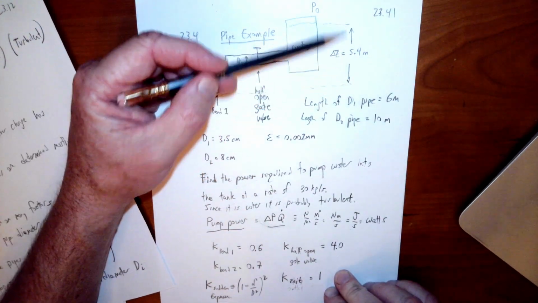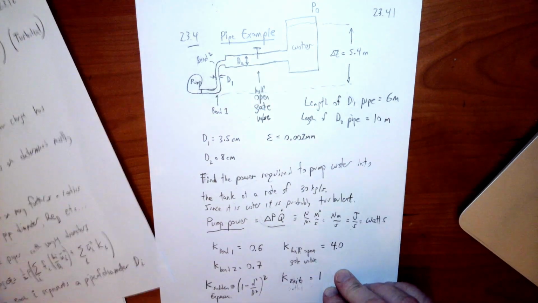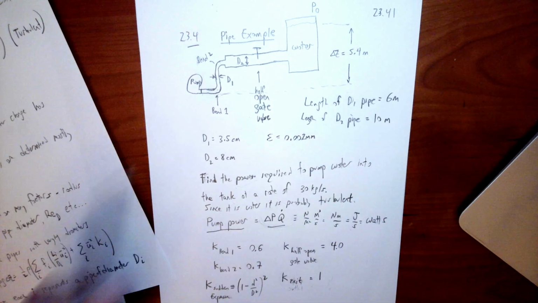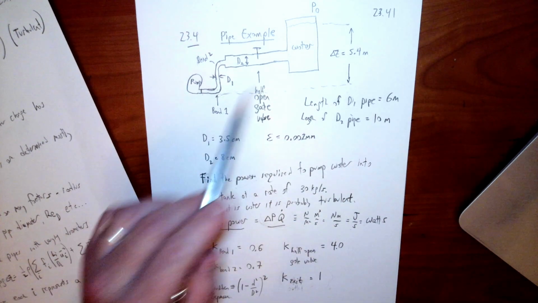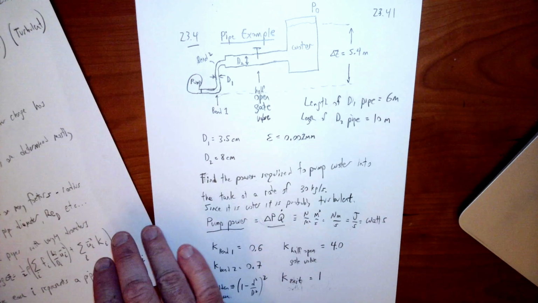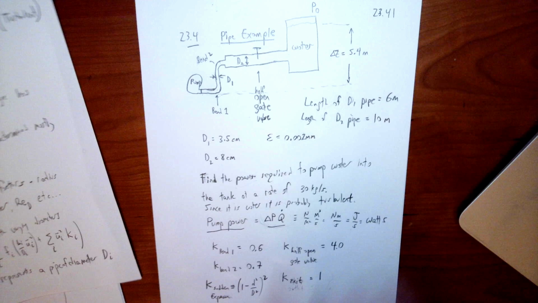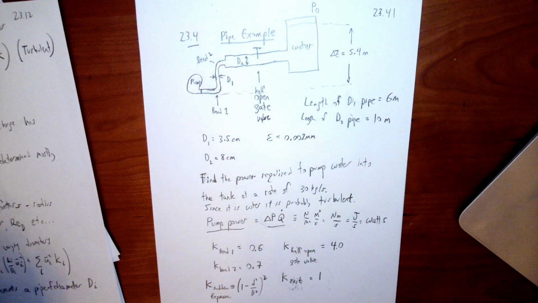The height that we're given is from the pump to the top of the tank. So that's the delta Z we have, and that means the pressure that we need from the pump is going to be the pressure increase above atmospheric pressure, basically the gauge pressure. So that's really, I think, the simpler way to think about it if you're given this height to the top of the tank. All right, so give that a try and see how it goes, and I will present the solution in the next lecture.